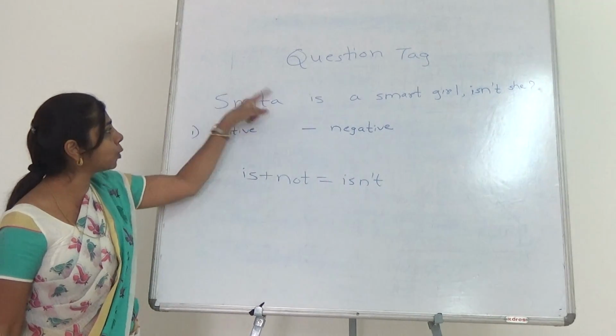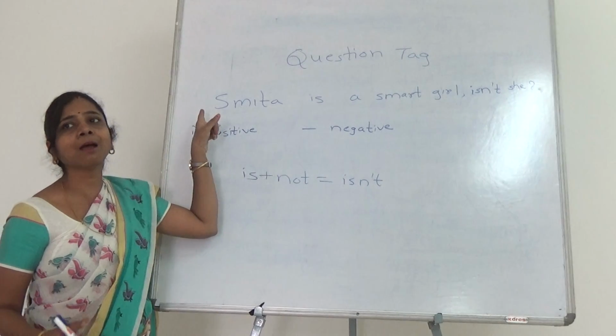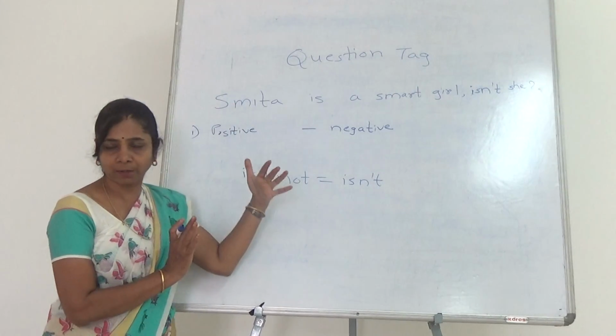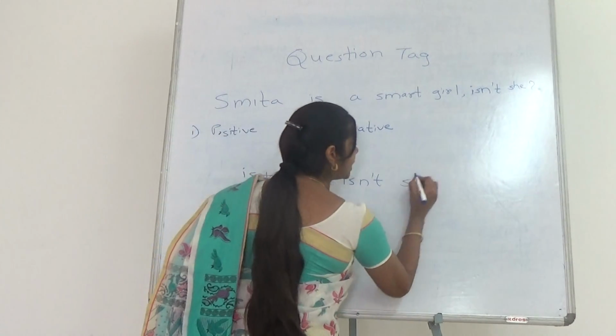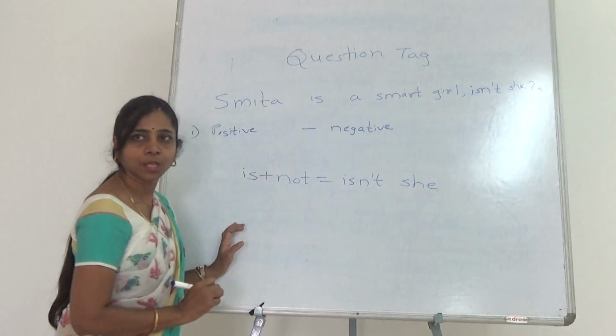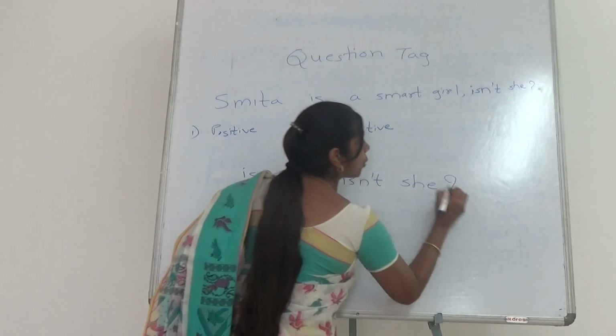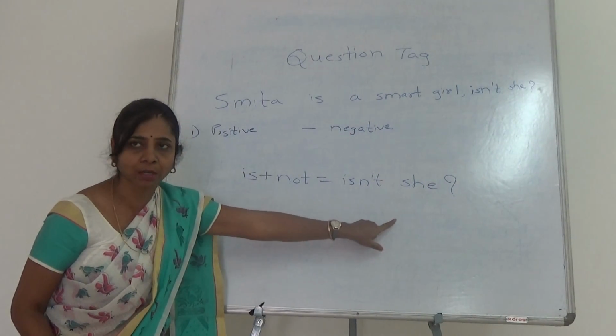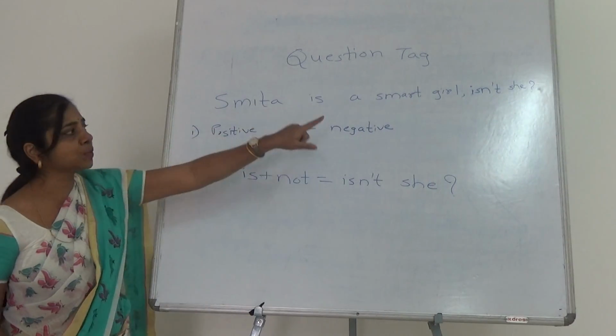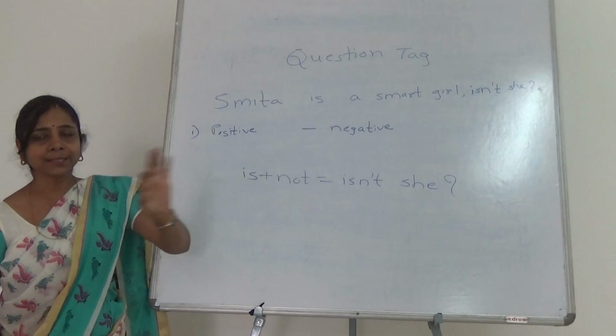Now what is the pronoun for Smita? Smita indicates a girl. So for Smita the pronoun is she. And then at the end we will put a question mark. And that's why our answer will be isn't she. So Smita is a smart girl, comma, isn't she?